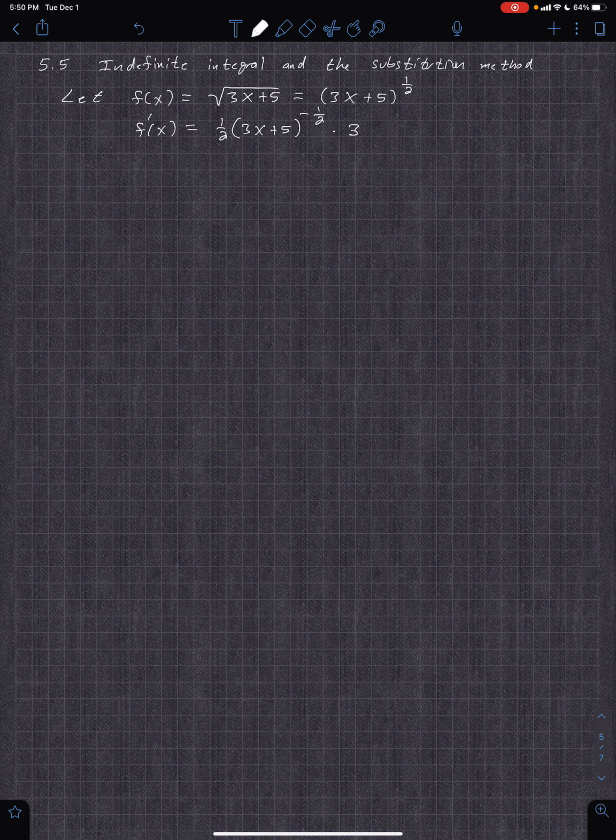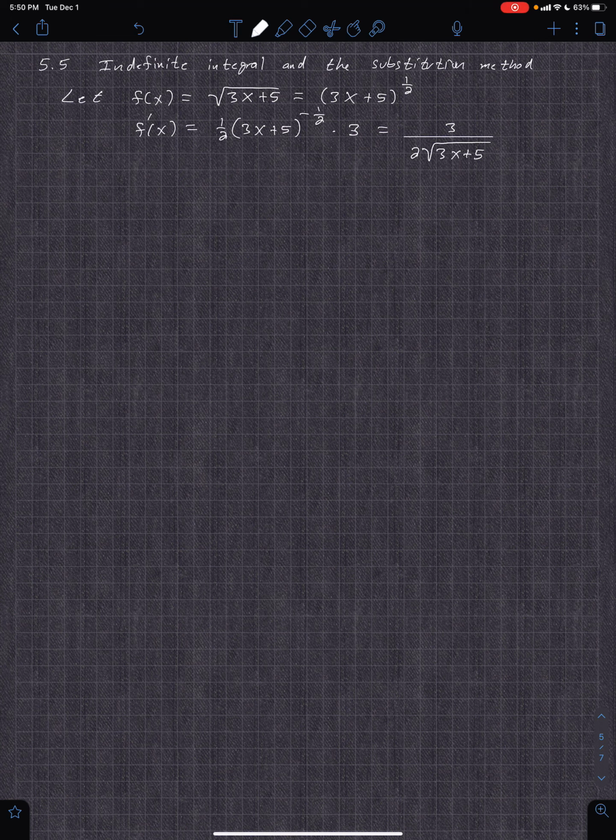And so then possibly you might reduce that, right? But in this case, no, because it's a 2 and a 3. So this is just equal to 3 over 2 square root of 3x plus 5. So I just brought it down and made it a radical back.